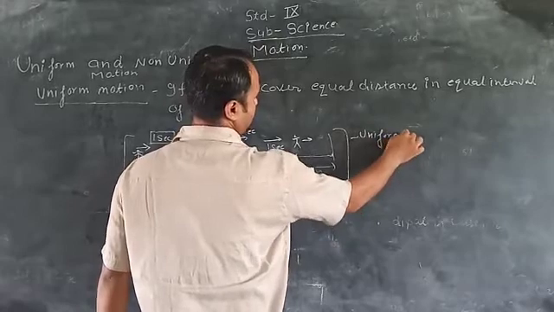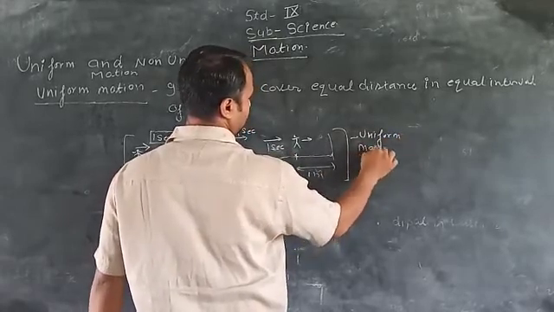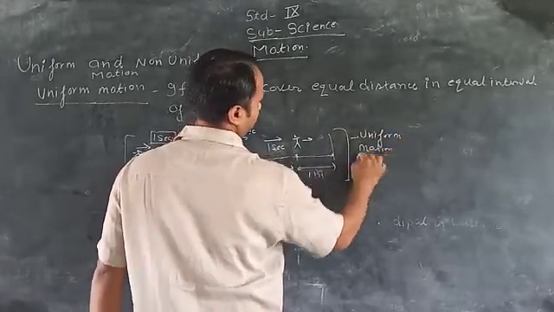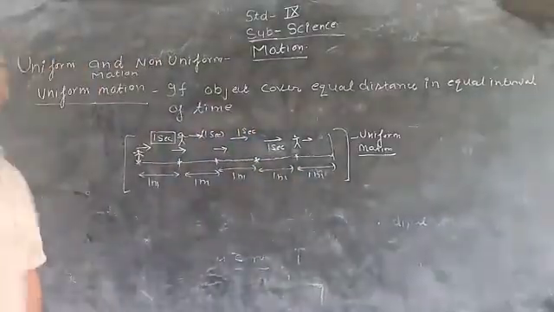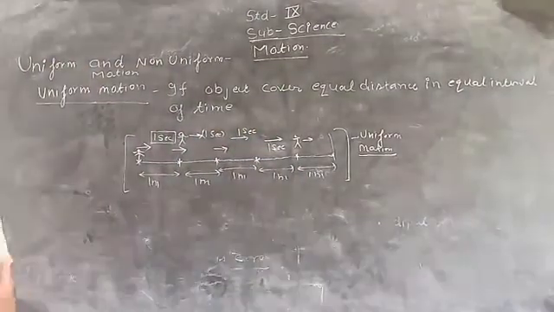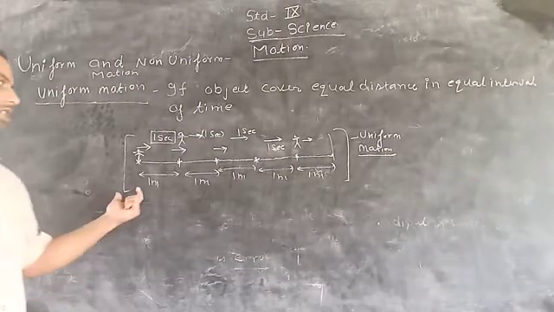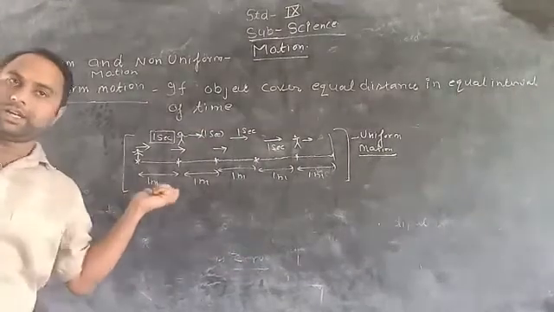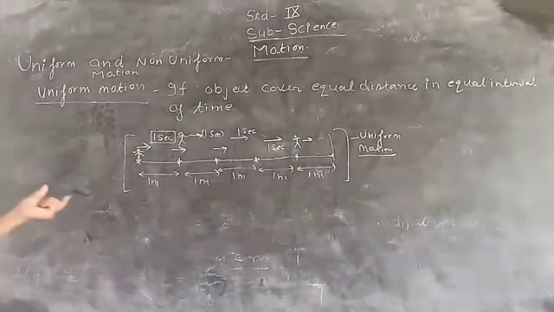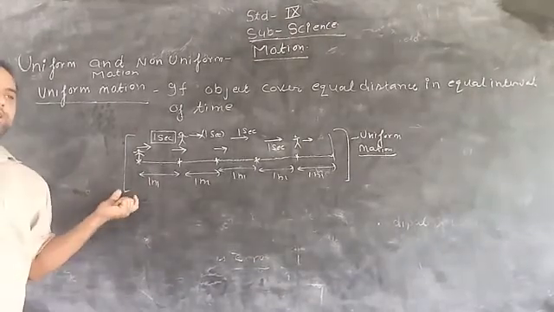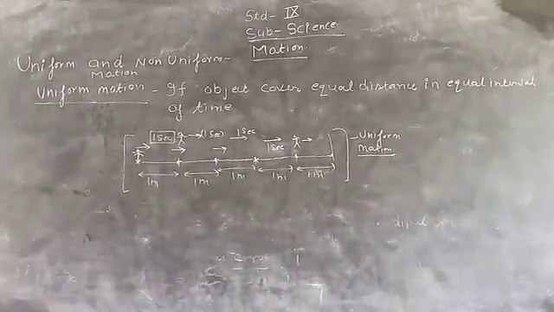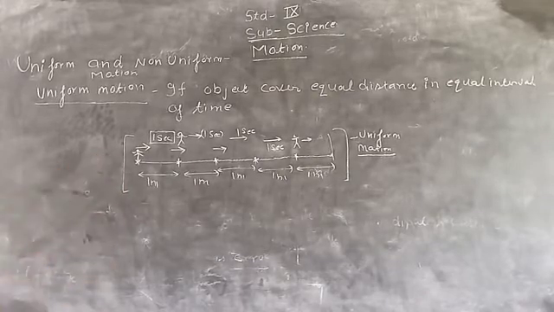If any particle is moving on a straight line path, generally it performs uniform motion. If any particle is moving on a curved path, generally it does not perform uniform circular motion.